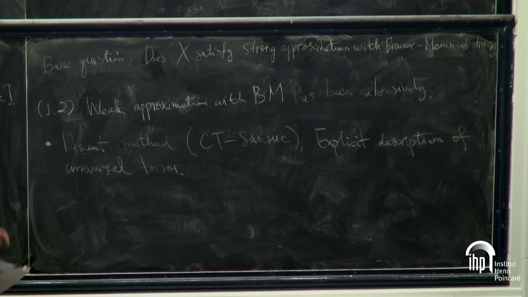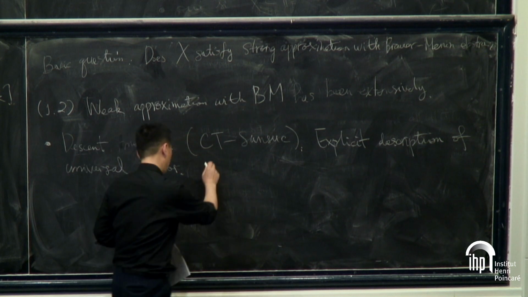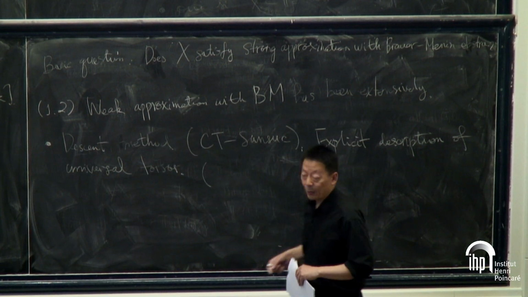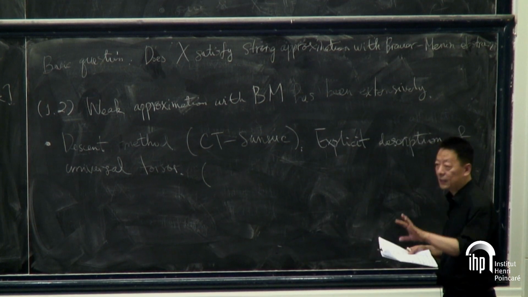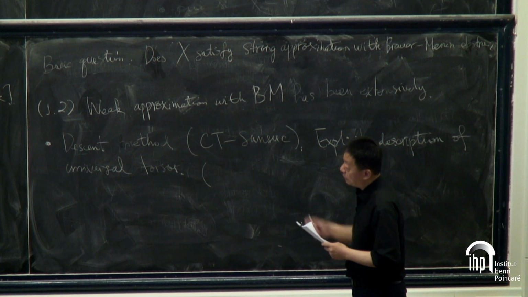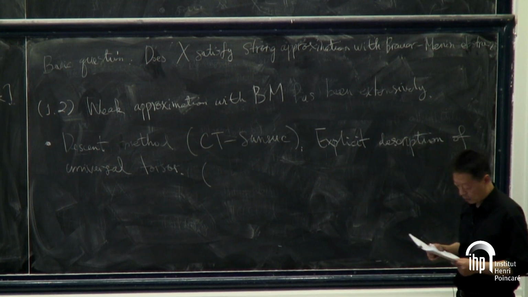Then you can use many methods, like geometric methods. You can try to prove the universal torsor is rational. Then the rational variety satisfies strong approximation. Then you get that this variety satisfies strong approximation with Brauer-Manin obstruction.